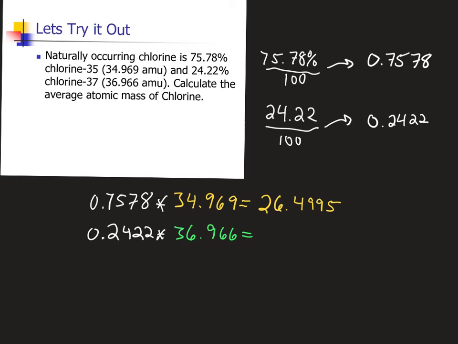My other one, I take my handy dandy calculator, multiply 0.2422 times 36.966 to get an answer of 8.9532.